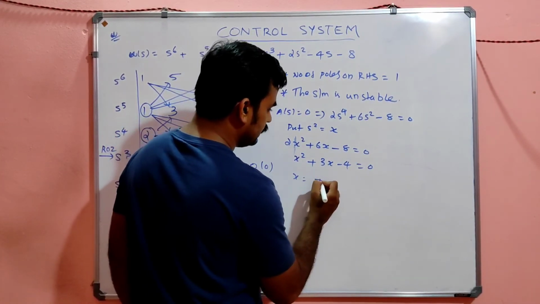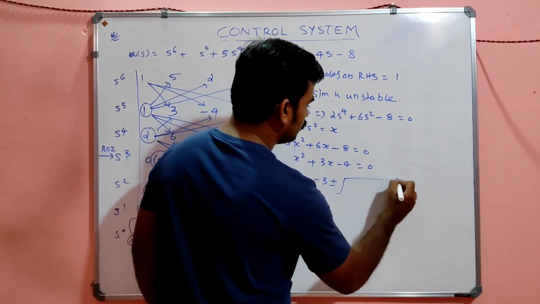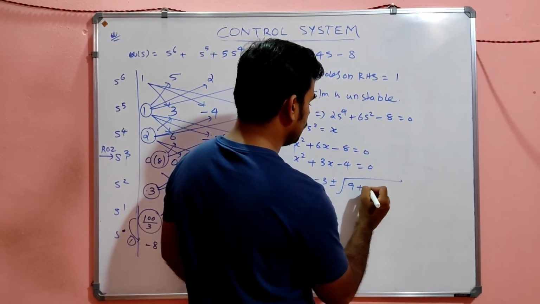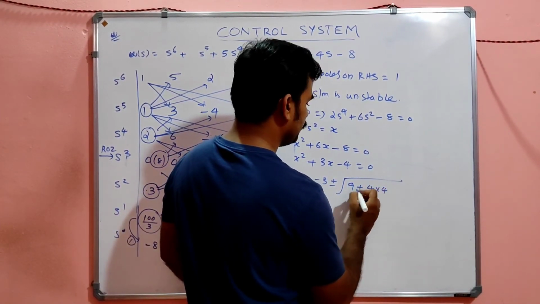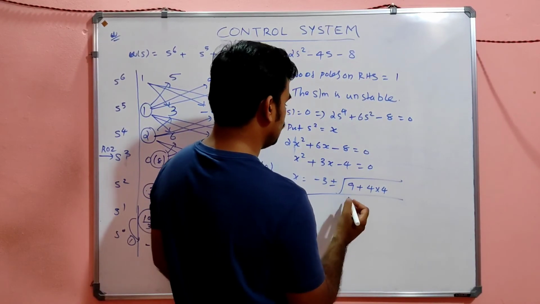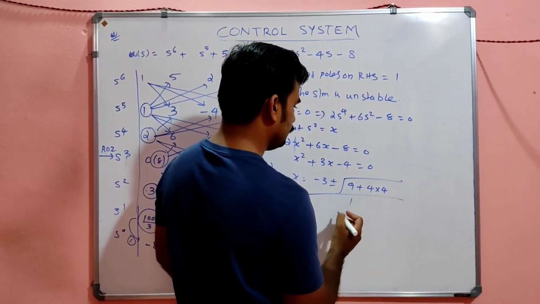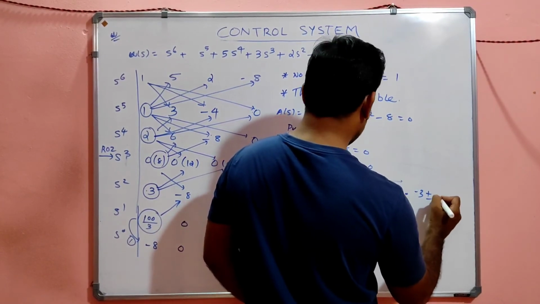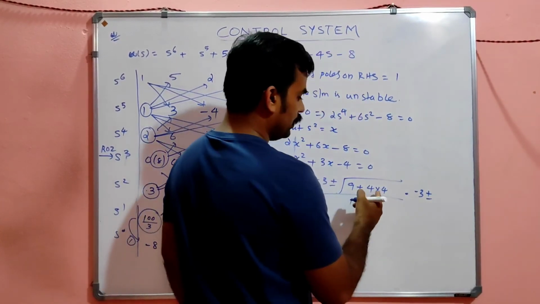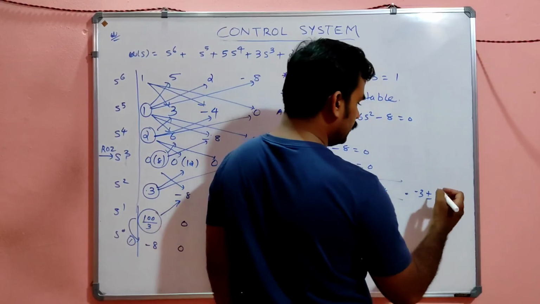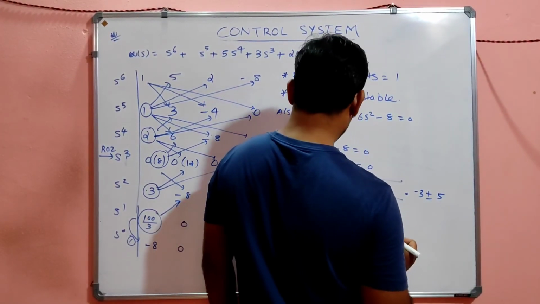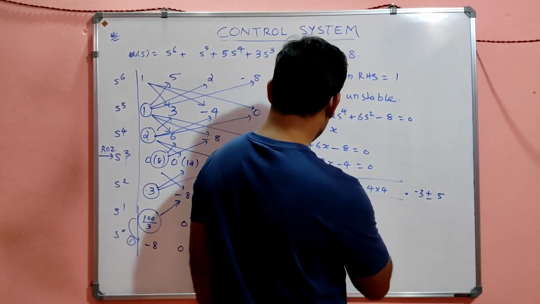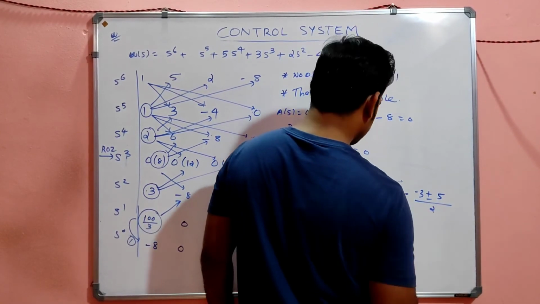And x will become minus 3 plus or minus root of b square, 9, plus 4 into 4. Correct na? 4AC na? So a will be 1. So it will become minus 3 plus or minus root of 16 plus 9, 25, divided by 2a, so by 2.